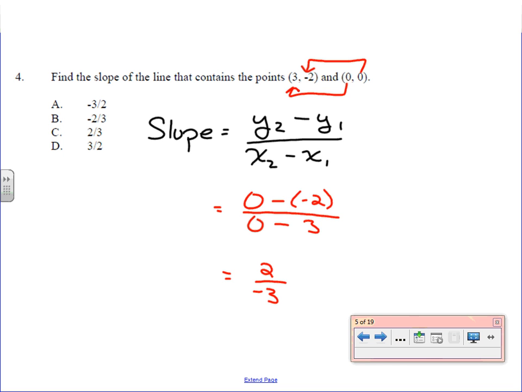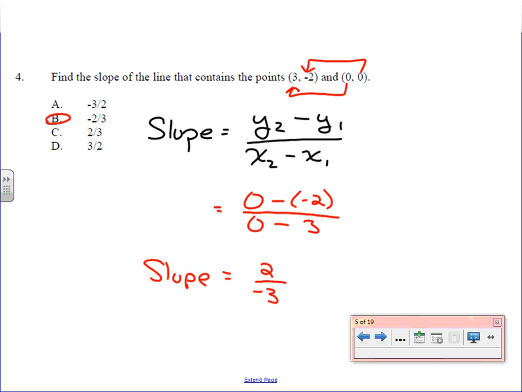So what I have here is a negative 2/3. And since negative 2/3 can't be reduced, this right here would represent my slope. So the correct answer here should be B, negative 2/3.